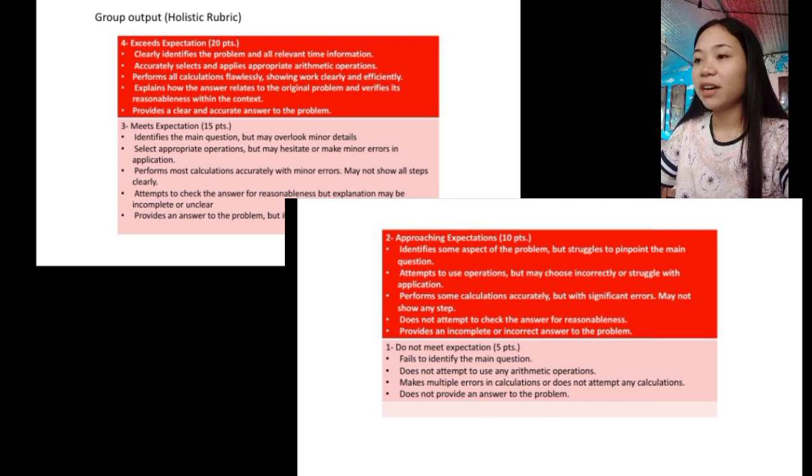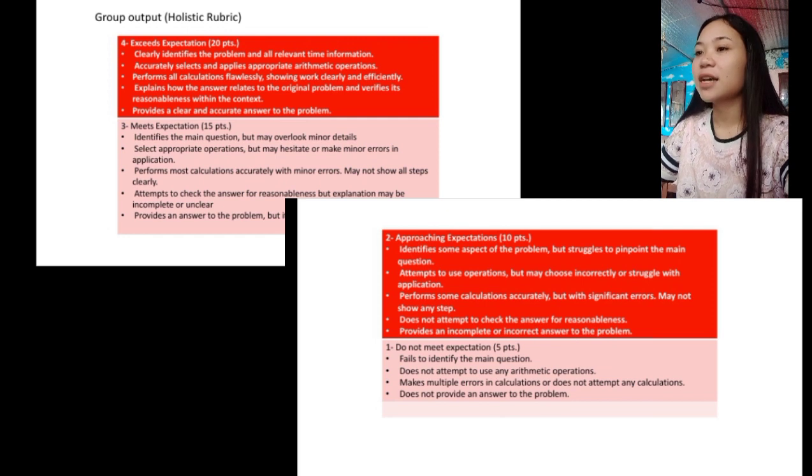So we have here 4 levels of performance: 4, 3, 2, and 1. So 4 exceeds expectations. They got 20 points.